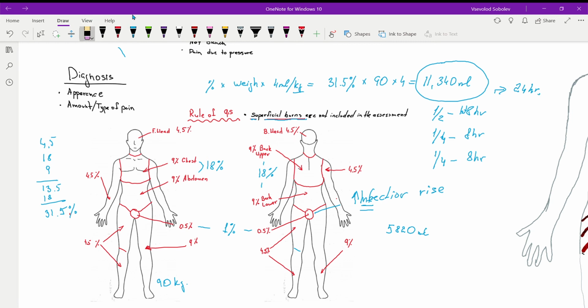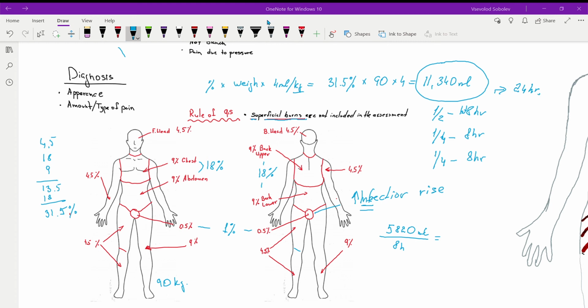To infuse it over 8 hours, to get milliliters per hour, again, calculator.